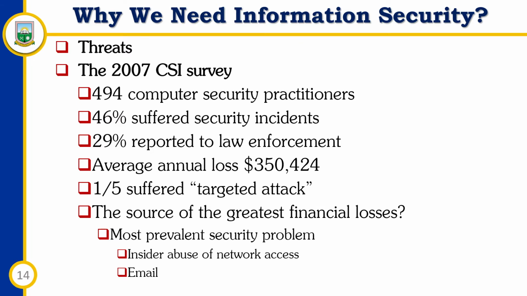If you don't have an antivirus, it's unable to track them, and by the time you realize, you have become vulnerable. So insider abuse of network access or emails edged out virus incidents as the most prevalent security problem, with 59% and 52% of respondents reporting each of these respectively.